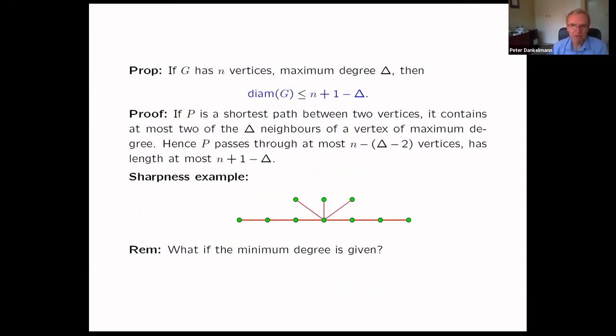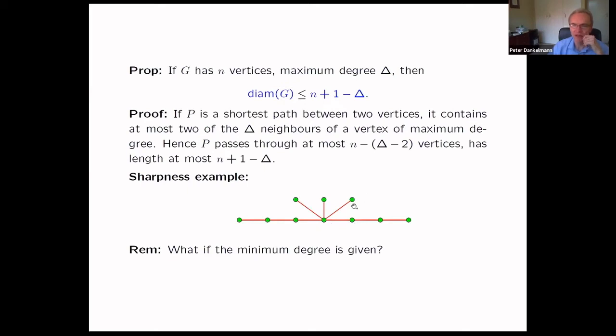And we can do something similar for the diameter. And here, that's even a lot simpler than for the radius. We can just argue if we have a vertex of large degree, like for example in this example here, any shortest path between two vertices will go through at most two neighbors of the vertex of maximum degree.